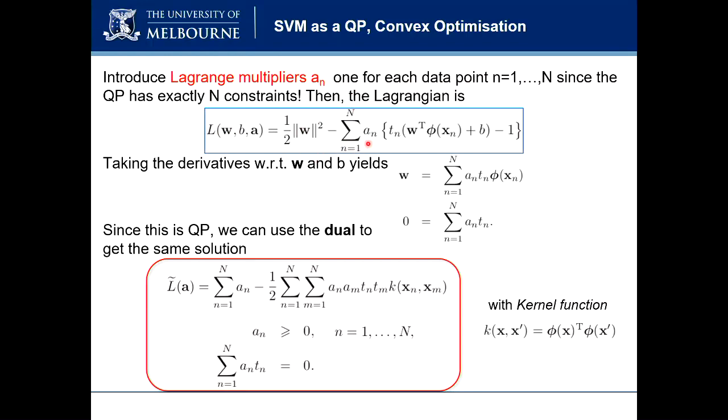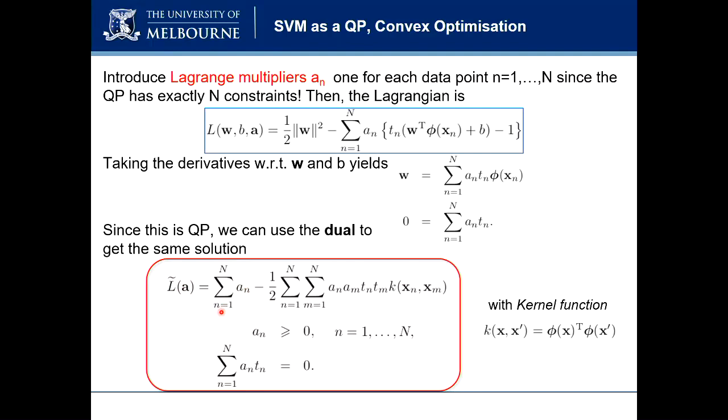The Lagrangian is this, and then I just take the derivatives with respect to the decision variables w and b. W is a vector, so you can take the derivative with respect to individual components. Once you take the derivative, you can see b disappears, and we get these equations. If you substitute these back in, which I'm leaving as an exercise, you get the dual function.